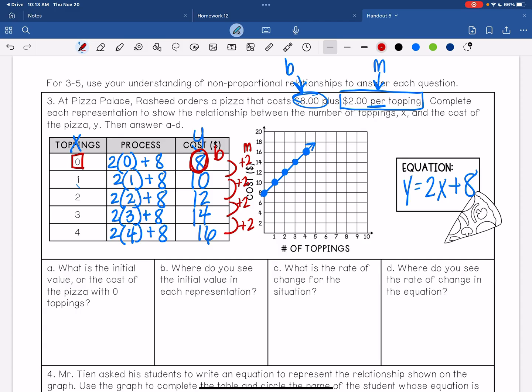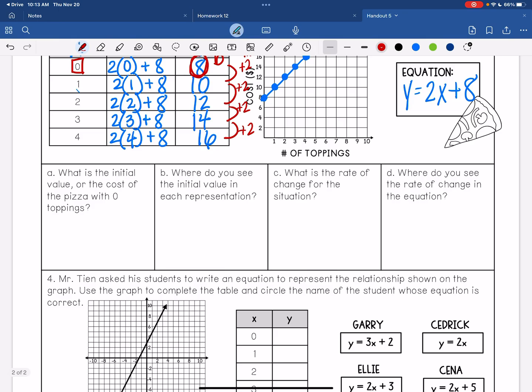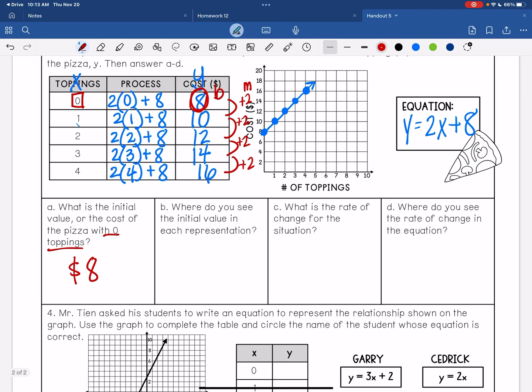Okay? We've got some questions underneath it. What is the initial value or the cost of the pizza with 0 toppings? That's $8. I see that in my table. 0 toppings cost $8. So the initial value, it's just asking you about B, really.